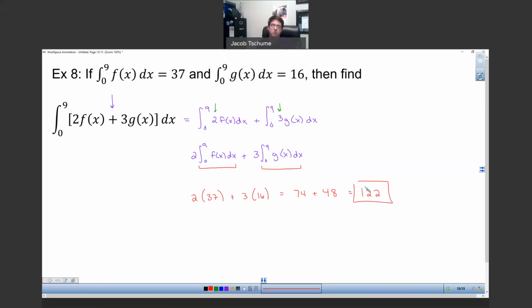So that is where the properties of integrals come into play. Not every problem this semester will make us do these, but it's good to know them and get the foundation built now before we get into the more difficult stuff going forward.